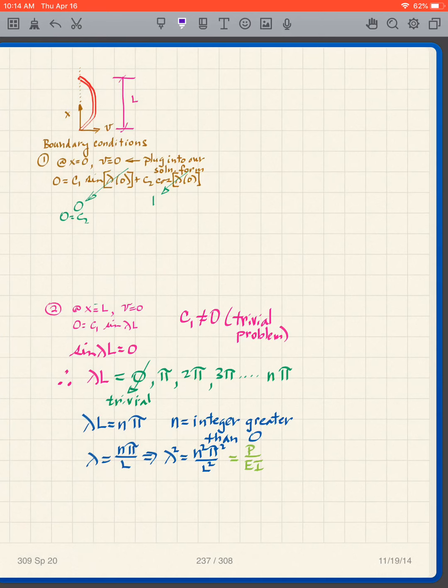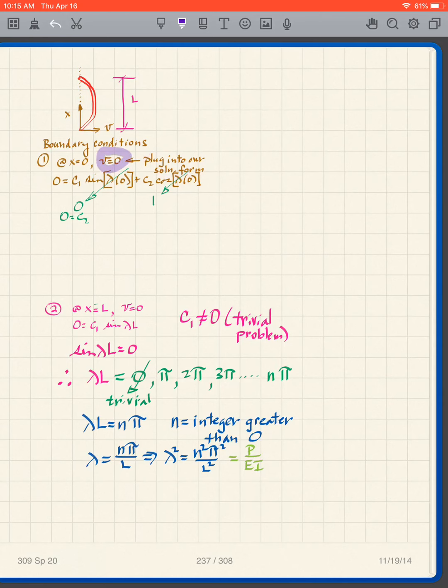All right, so let's look at the boundary conditions. If we have a buckling situation, the shape looks like that. I have my coordinate system x and v. This is the length L. And what do we see? Looking at that shape, at x equals 0, v equals 0. And we're going to plug that into our solution form that we just came up with.